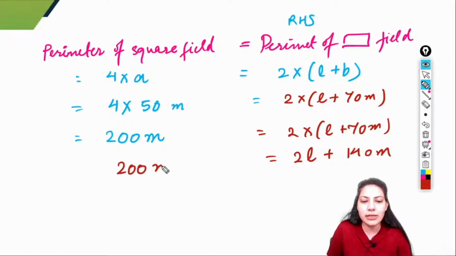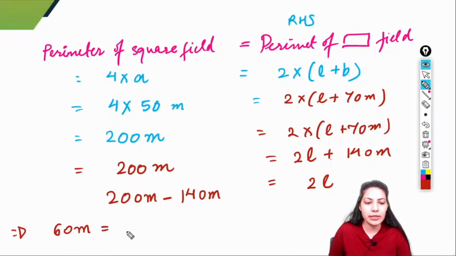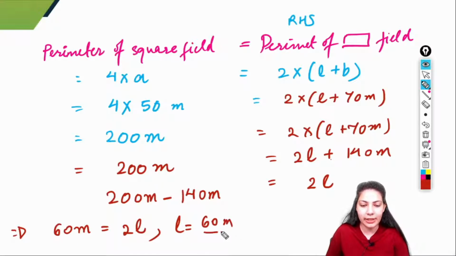Now let us solve this equation. 2 into length is on one side, and if we change the side of a term, then the sign changes. So 200 minus 140 is 60 meter, which is equal to twice the length. So what will be the length of the rectangle? 60 meter divided by 2, that is 30 meter.